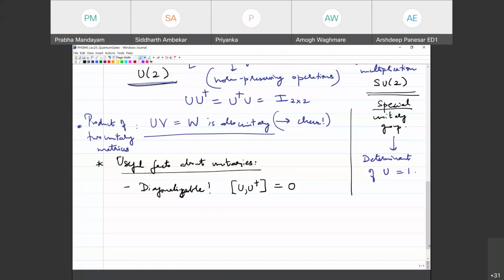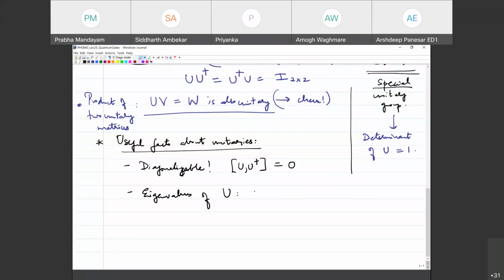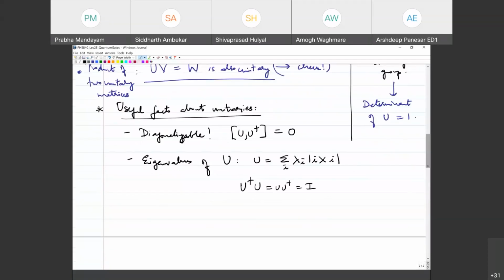Okay. Now, what can you say about the eigenvalues of U? So if I were to write down U in a spectral form, like this, okay. Now, using the fact that U dagger U is identity, what can you say about the lambda i? Magnitude is 1. Indeed, the magnitude of lambda i is 1.